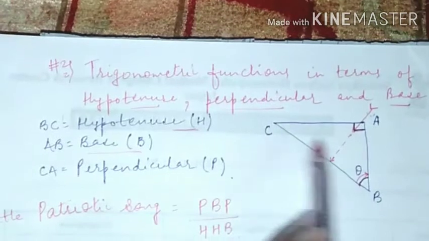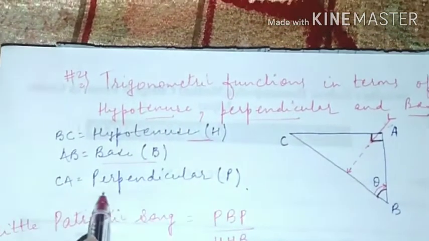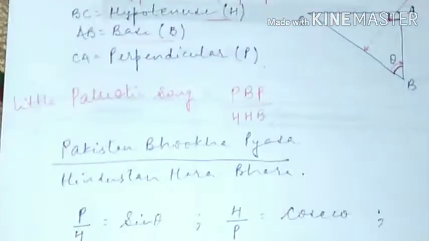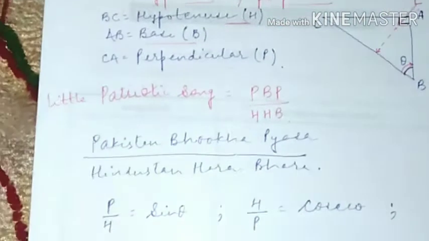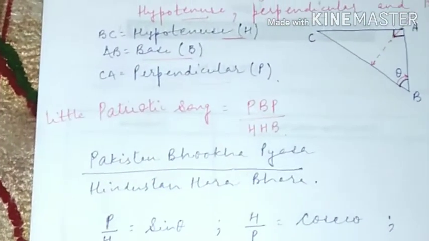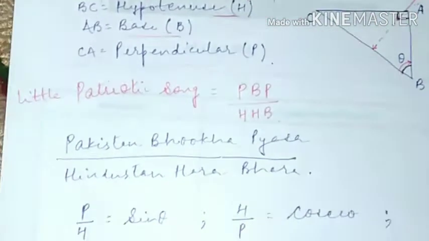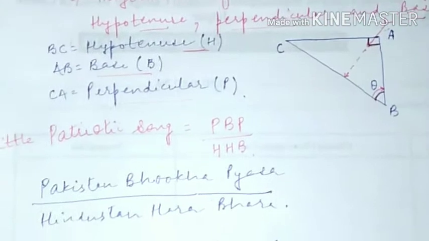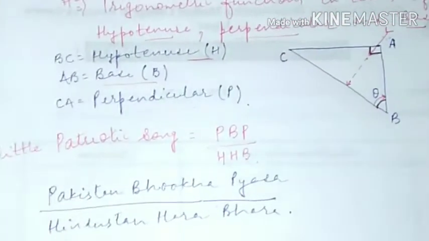The remaining third side is nothing but the perpendicular. So you can easily distinguish between these three terms: hypotenuse, base and perpendicular. Recognizing these three terms is very important, otherwise you will not be able to solve the problems of the first exercise of trigonometric functions, that is the introduction of trigonometry, in your syllabus.